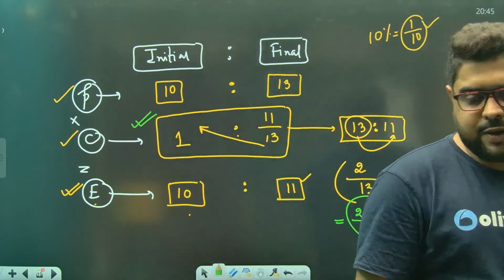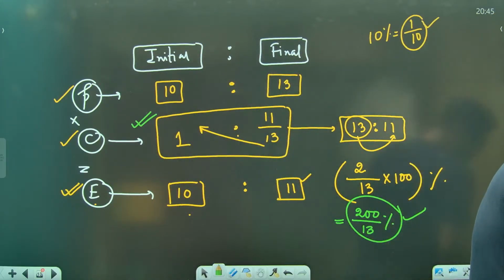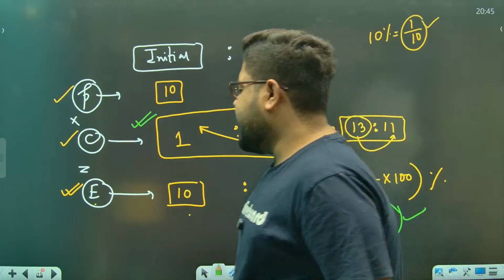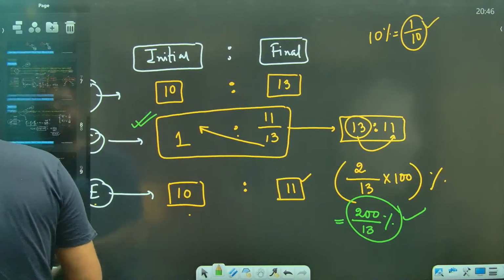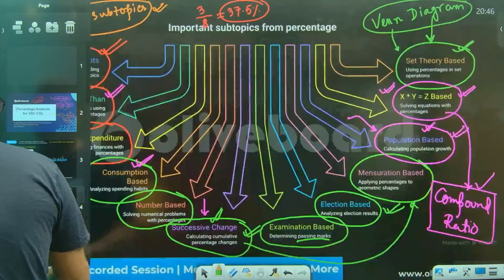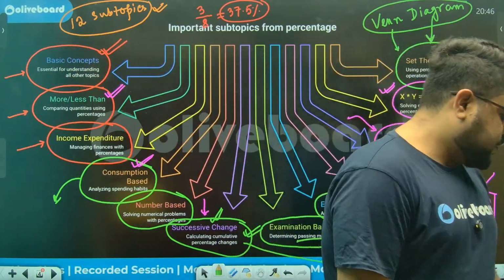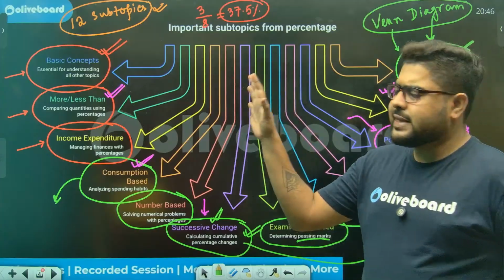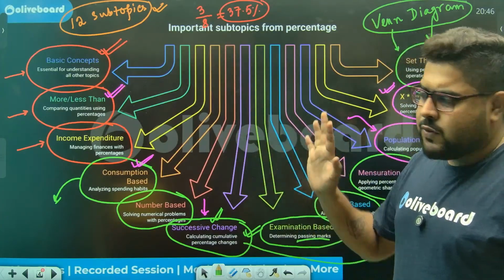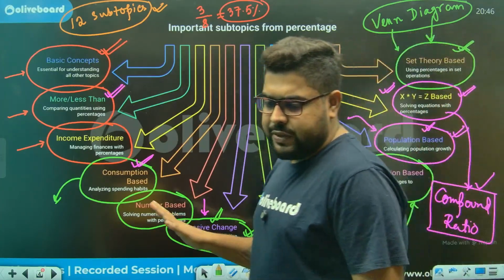Perfect, sir. So now again, I have given you 12 types of most important questions, and I have given you the solutions and examples for a few of those types. We have solved almost 8-9 questions today.